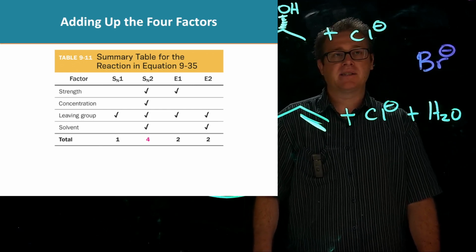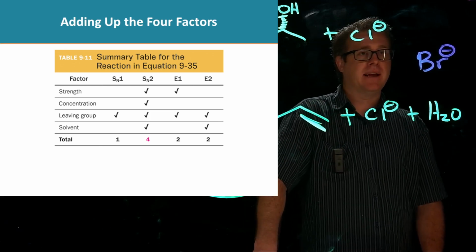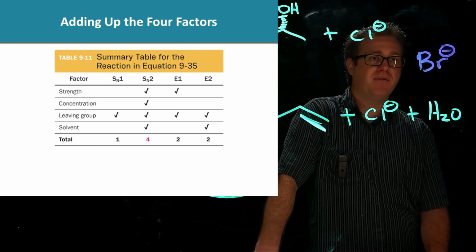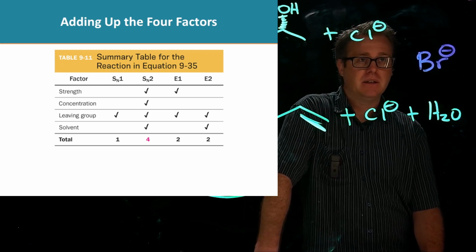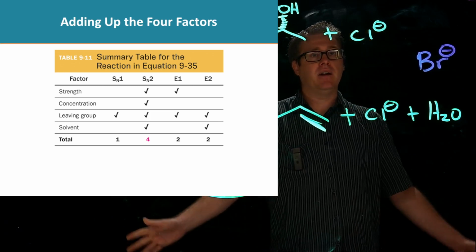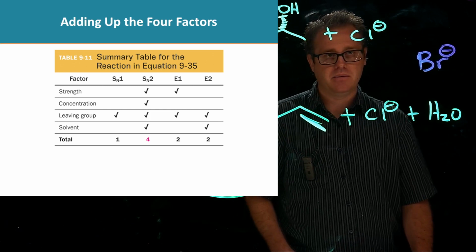And now I just sum up each column, and you can see SN1 only has 1 check mark, SN2 has 4, E1 and E2 both have 2. So we have a clear winner. The mechanism is going to be SN2.